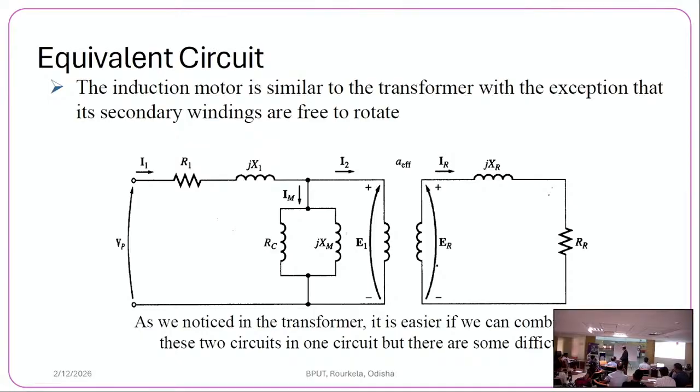I am drawing here. Now I am drawing the induction motor, so I am erasing the iron core. Some flux will link like this, a flux that occurs like a loop. So this is the flux.